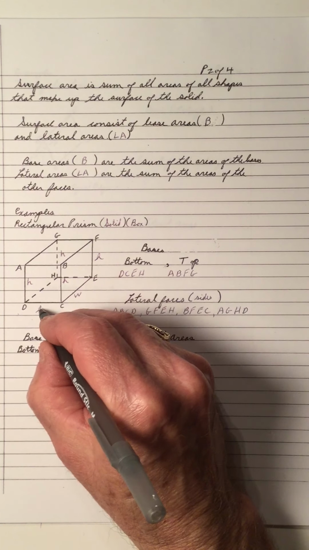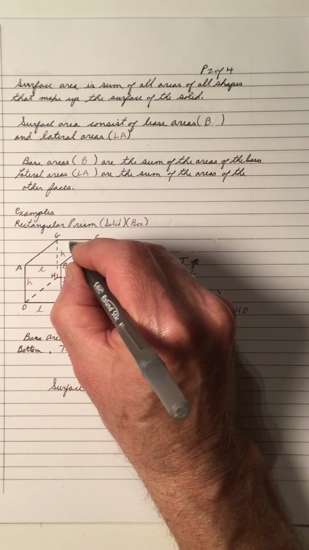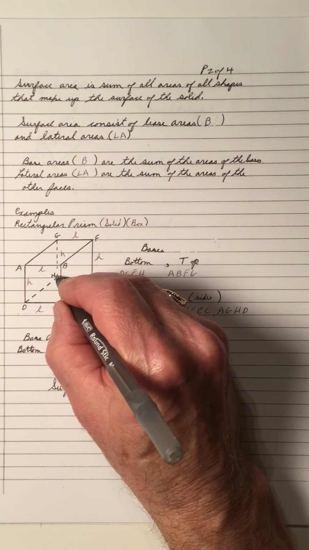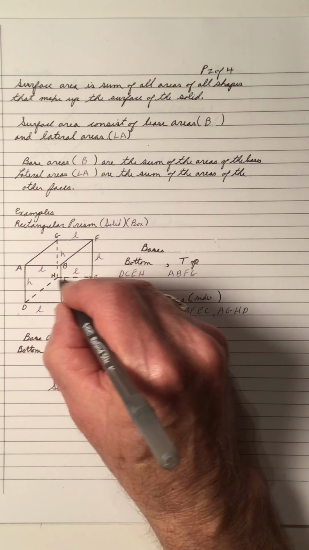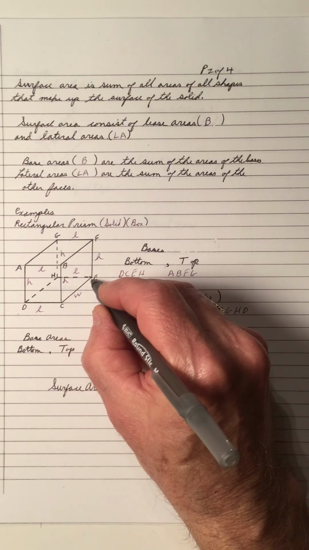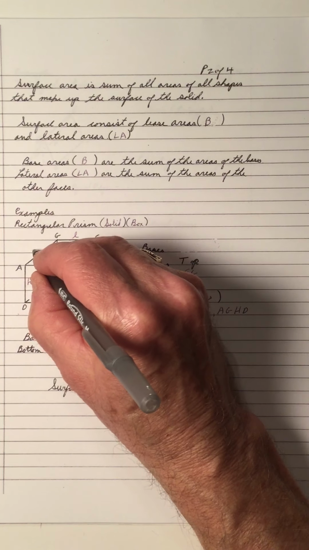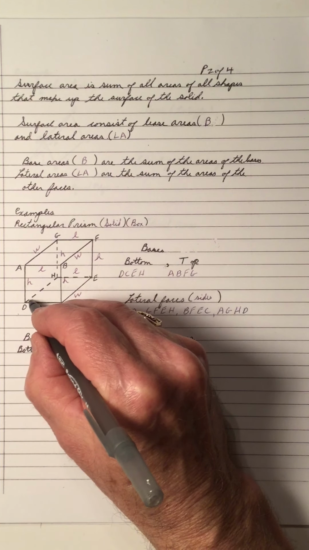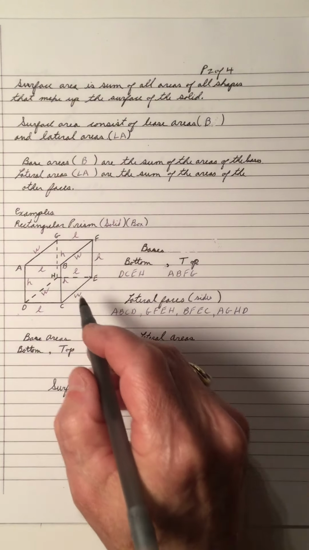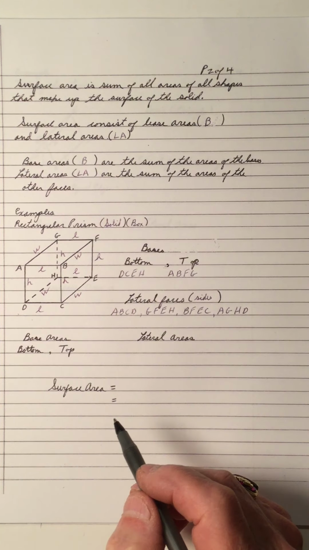The length is DC, AB, GF, and HE. They're all the same lengths. And the width of the box is CE, the same as BF, the same as AG, and the same as DH. So you can see that we have all the same heights, all the same widths, etc.